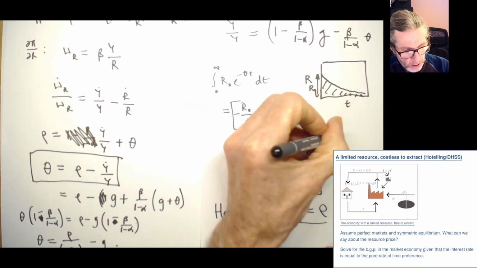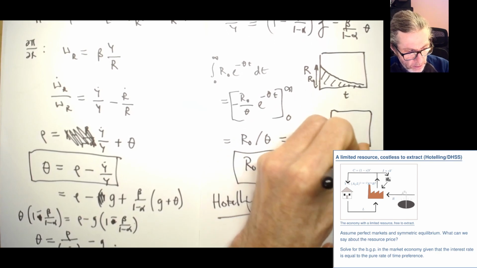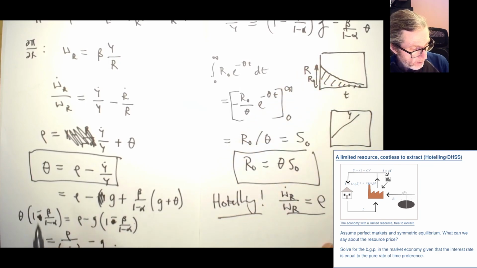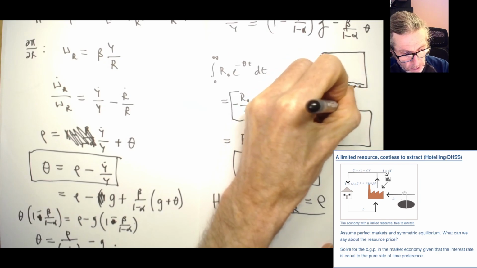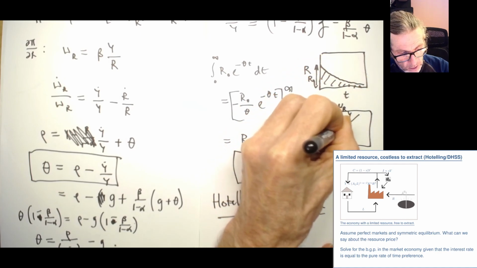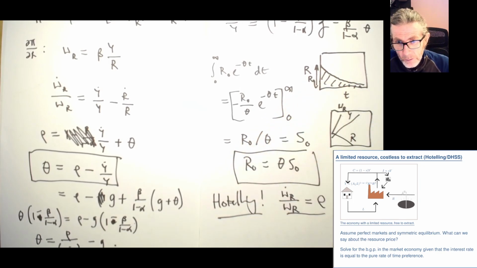If we plot on a log scale, this is time, this is GDP, these results say that the price of the resource should be growing more steeply, that should be WR, the growth rate, whereas the resource use should be declining. But that's what would happen in this model if we ended up in a situation where we're totally dependent on something like oil that is very cheap to extract and running out.